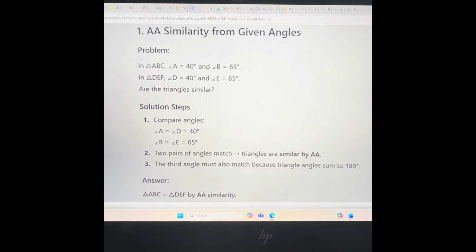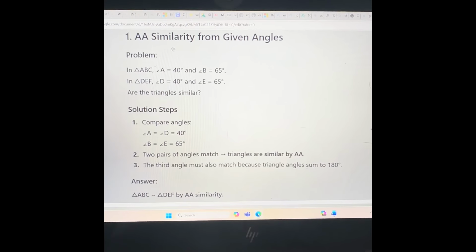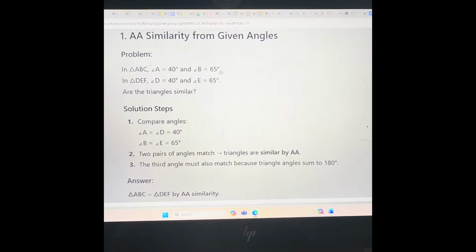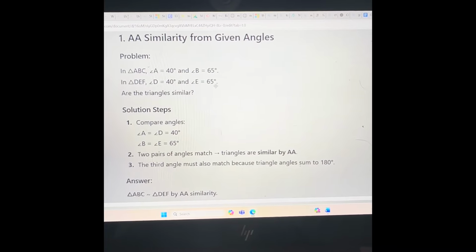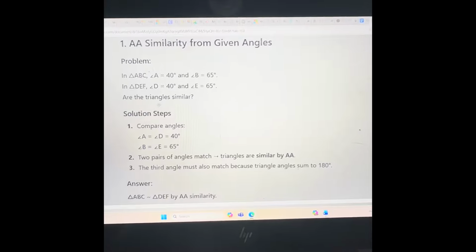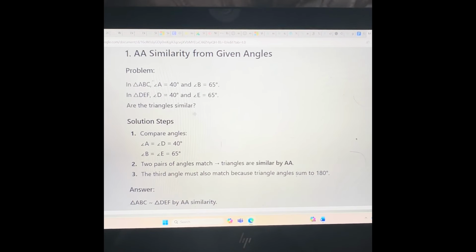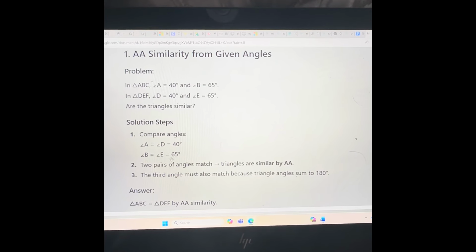Okay, so we have angle similarity from given angles. In ABC, A equals 40 degrees and B equals 65 degrees. In DEF, D equals 40 degrees and E equals 65 degrees. So are the triangles similar? Our solution steps are going to be comparing the angles. A equals D equals 40, and B equals E equals 65 degrees.